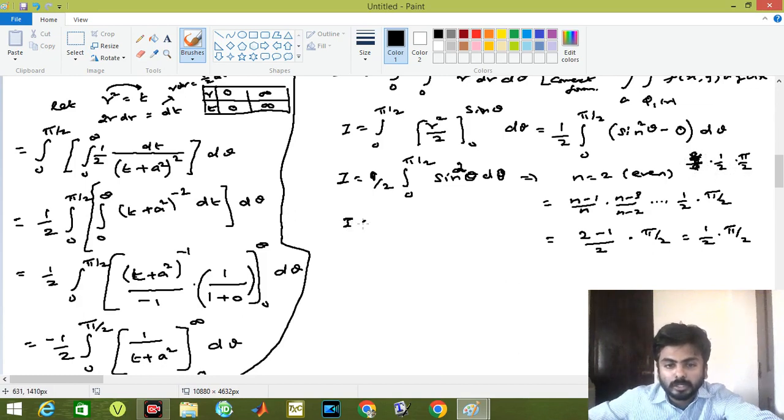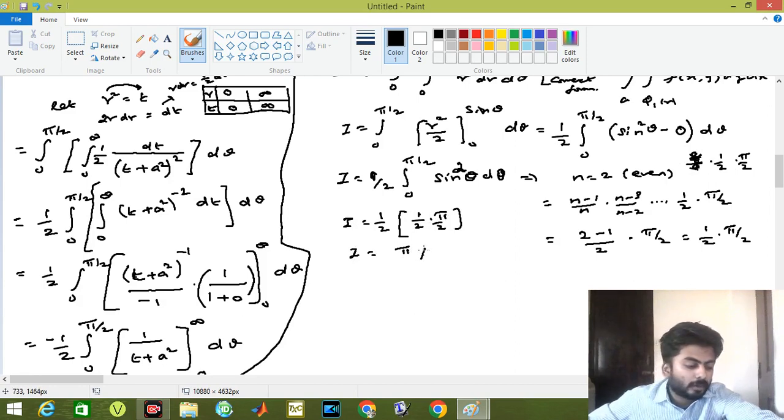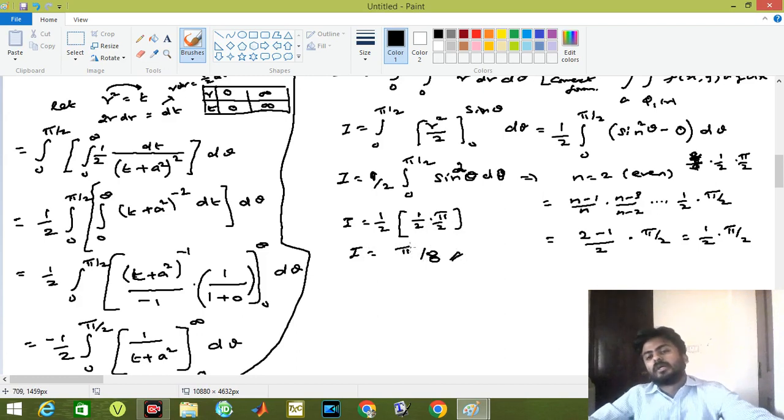So the solution is I equal to, already there is 1 by 2 into, here you will have 1 by 2 into pi by 2. So the solution is I equal to pi divided by 8. Okay, so this is the required solution.